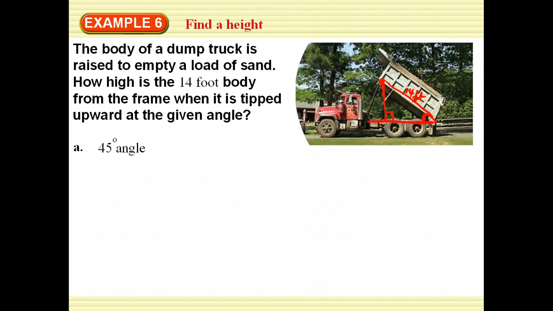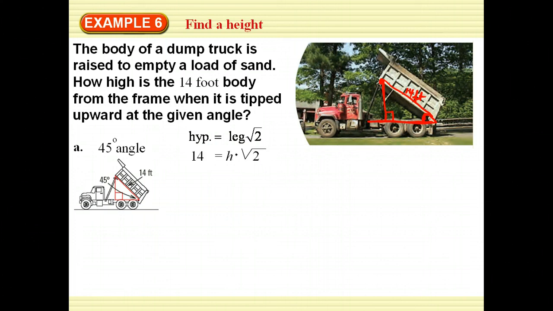So if it's a 45-degree angle, what we've got is a 45-degree angle here with a 14-foot bed. My hypotenuse is the leg times square root of 2, and that 14 feet is the hypotenuse. So I can reduce that down to approximately 9.9 feet.